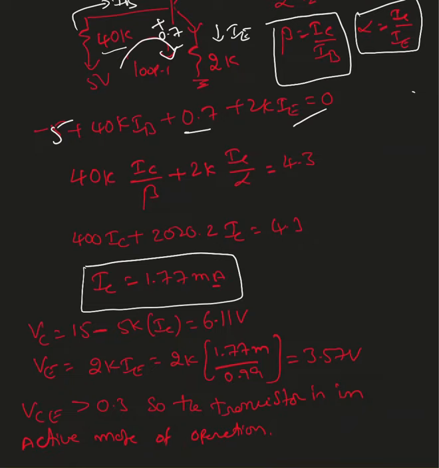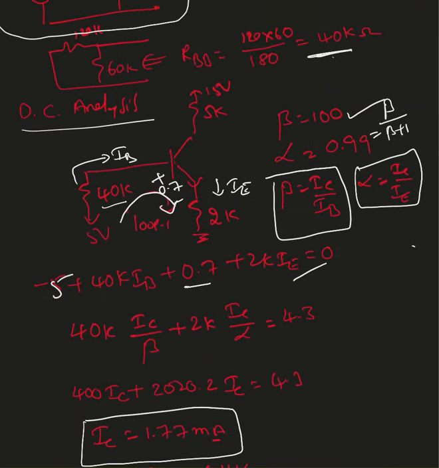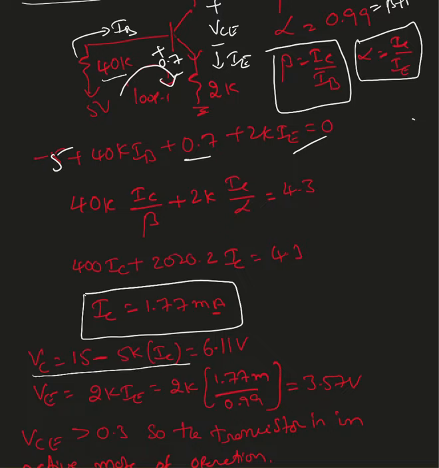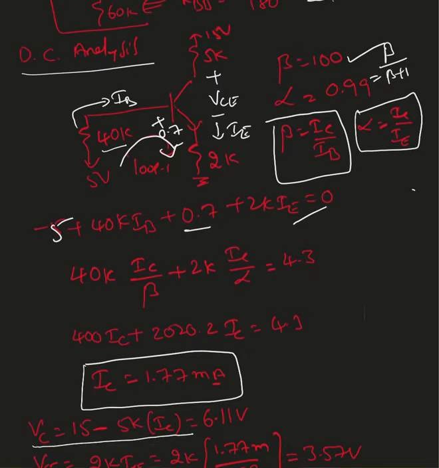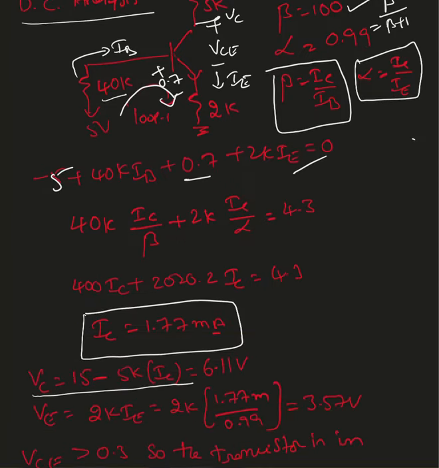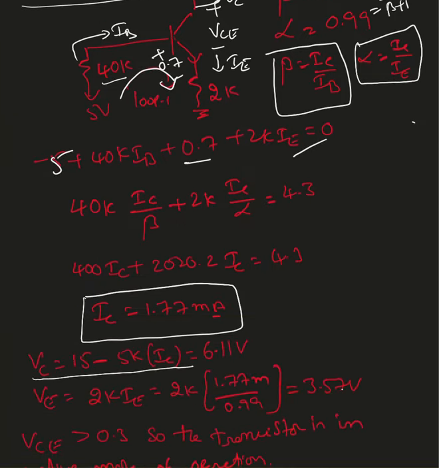Now, before moving to the AC analysis, we want to make sure that this transistor is in active mode of operation. So make sure that your VCE is greater than 0.3 volts. I found VC, which is 15 minus 5k times IC. So 15 volts is right there. This is VC. So 15 minus VC must be 5k times IC. By using that formula, I found the VC value as 6.11.